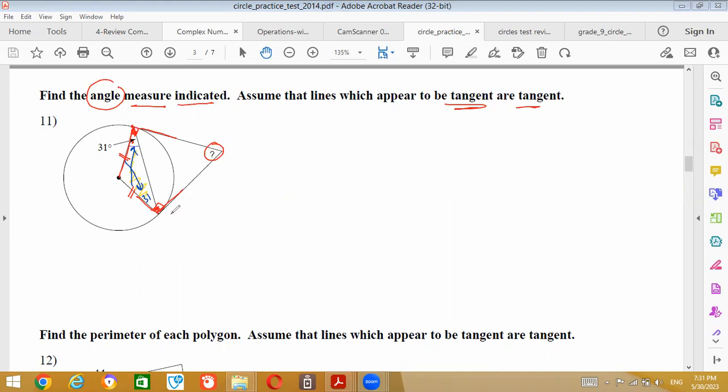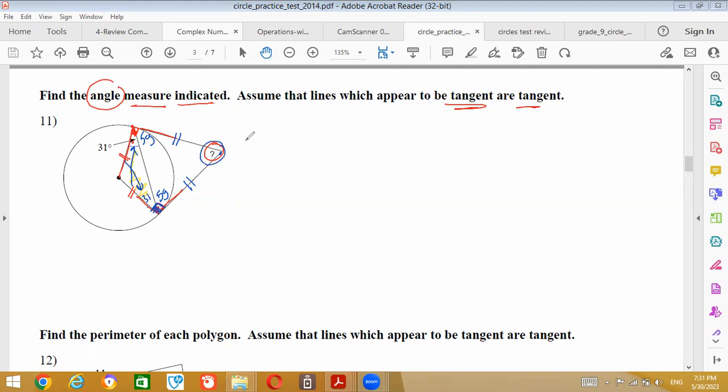And regarding this angle, since it's 90, 90 minus 31 will be 59, and this is also 59. And these two segments are equal, because it's a rule that the two tangent segments are equal in measure if they intersect outside the circle.